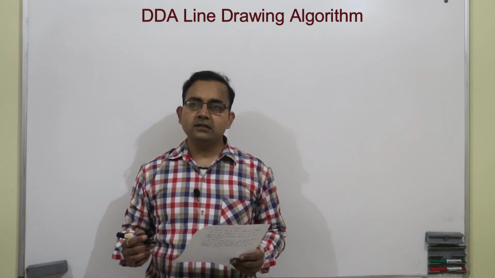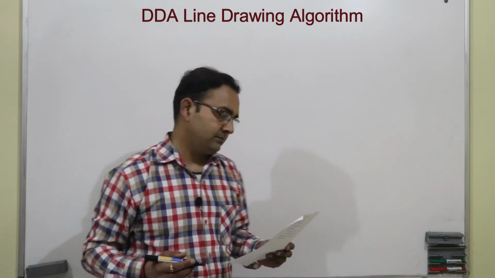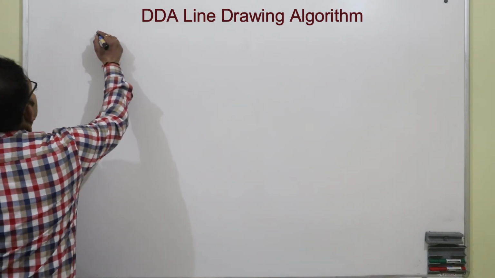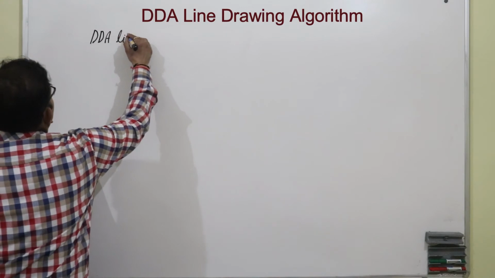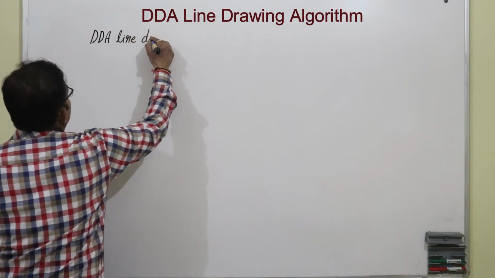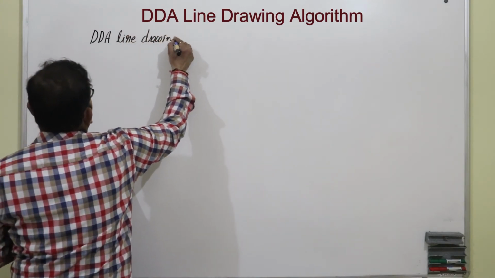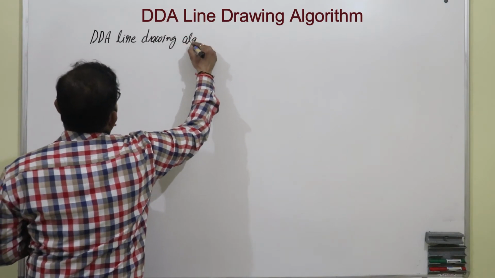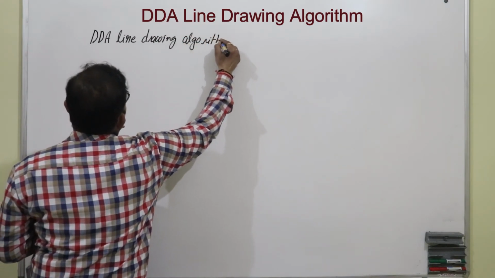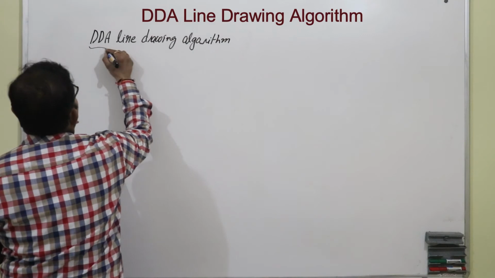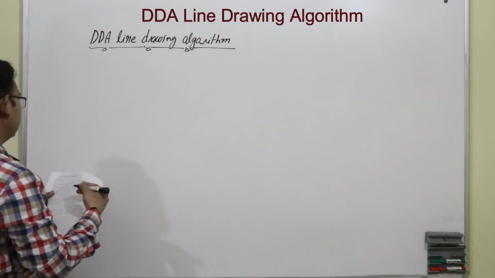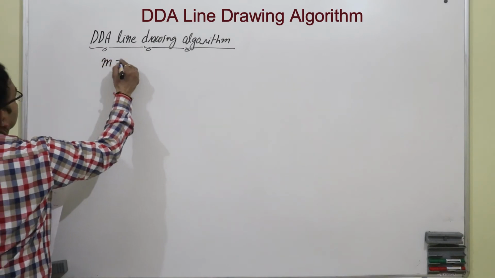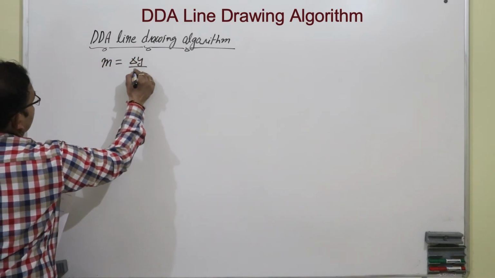Now we will write DDA line drawing algorithm. Slope is delta y upon delta x.